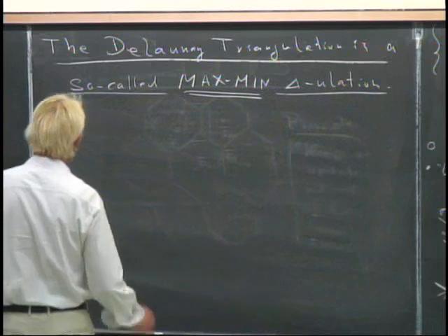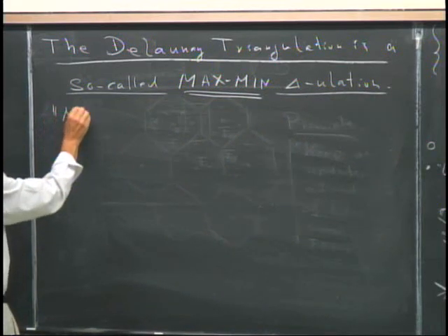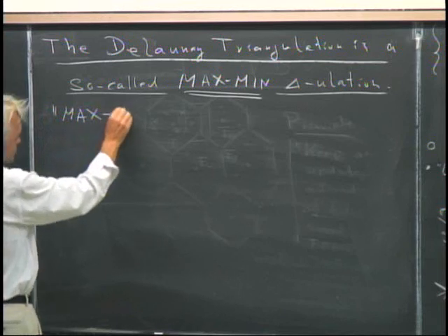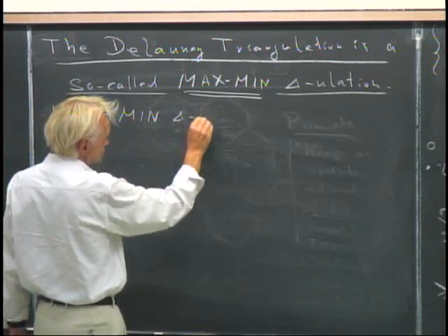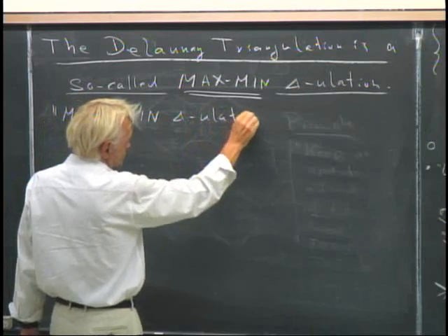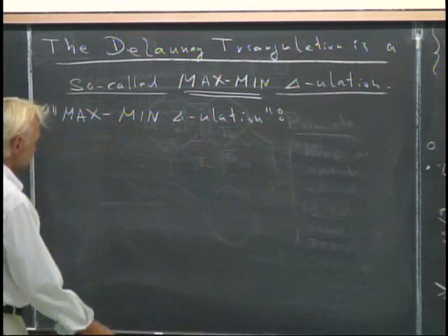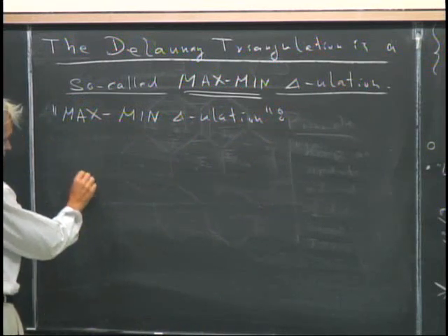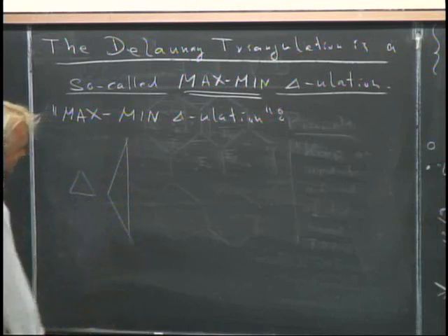What is a max-min triangulation? What triangle is a good triangle? Is this a good triangle? Or is this a good triangle? Which triangle do you like better?